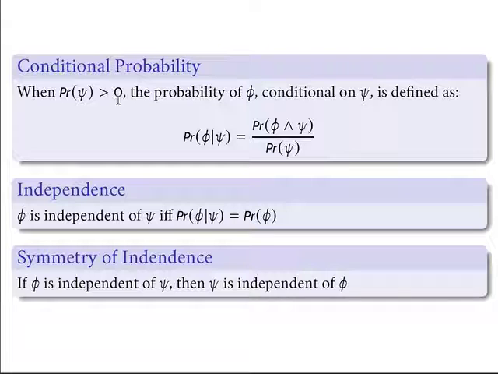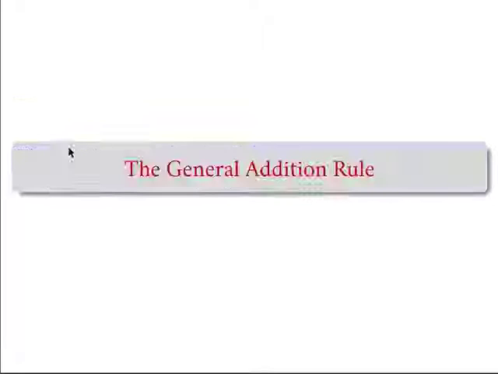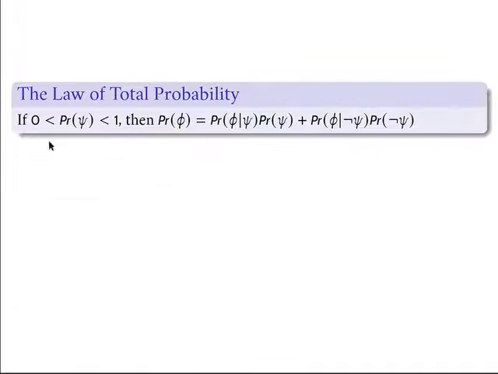So because the proposition being conditioned on must have a greater than 0 probability, that condition echoes out into our understanding of the general multiplication rule, as well as into our understanding of the law of total probability. But this shouldn't really worry you too much, because in the questions I ask you, I will not be asking any trick questions which involve you understanding whether the probability of psi is greater than 0, or in this case, greater than 0 and less than 1.